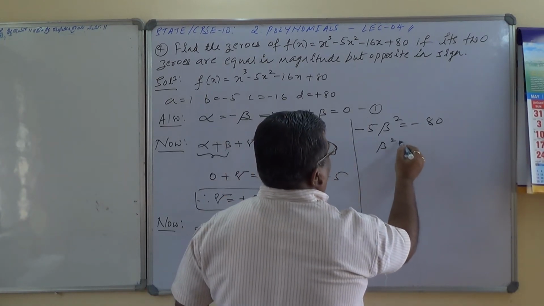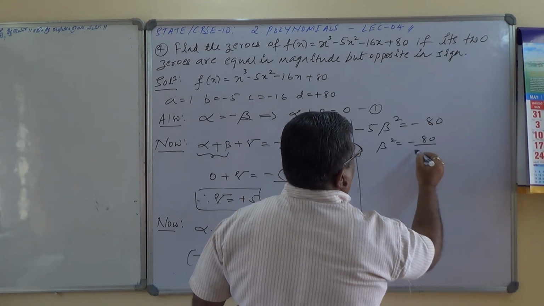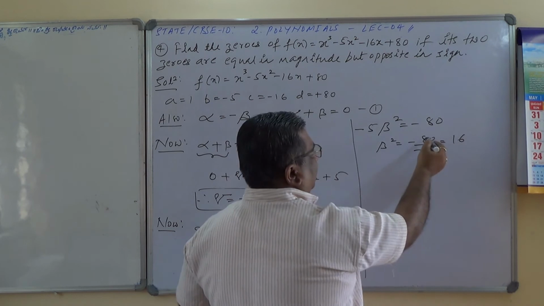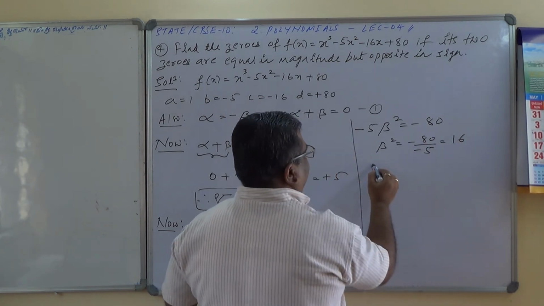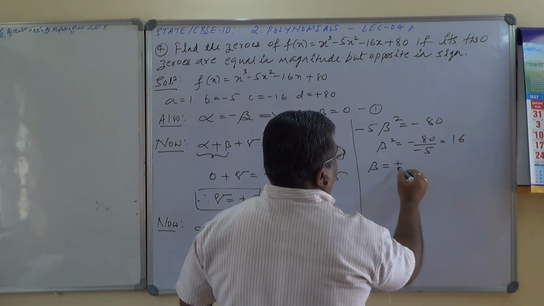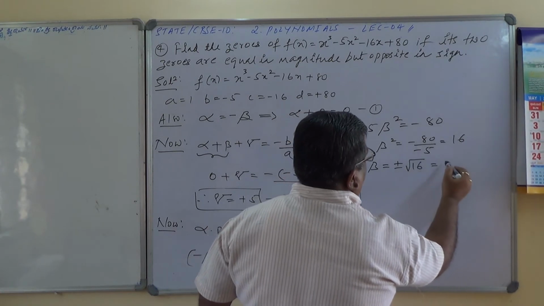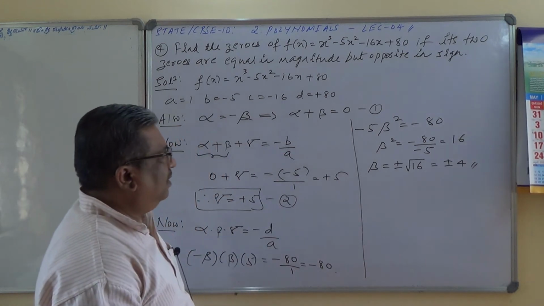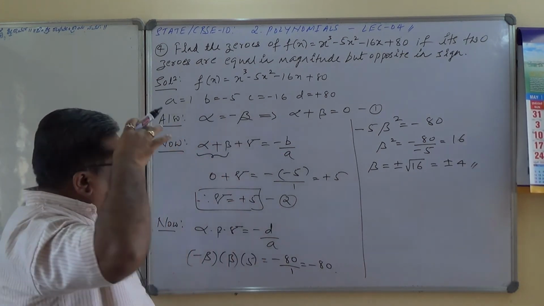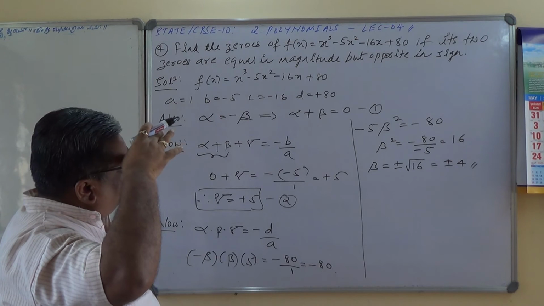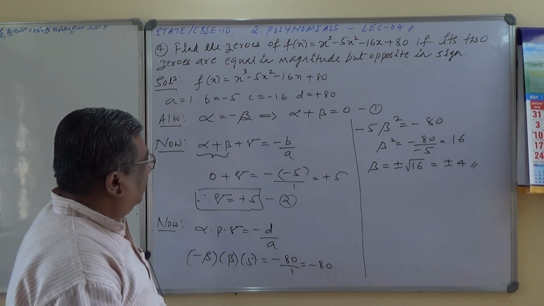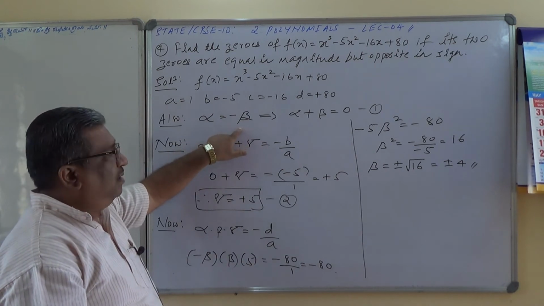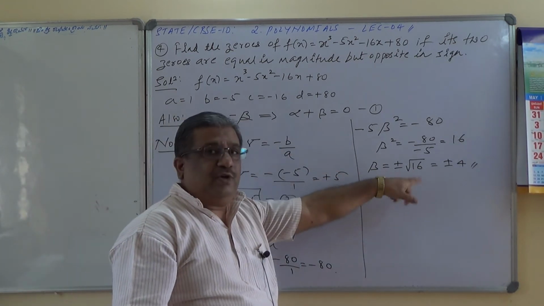Therefore beta square equals minus 80 by minus 5, which equals 16. Therefore beta equals plus or minus under root of 16, which is plus or minus 4. Isn't it? Now how do you find out alpha here? Alpha equals minus beta, so there are two choices here.